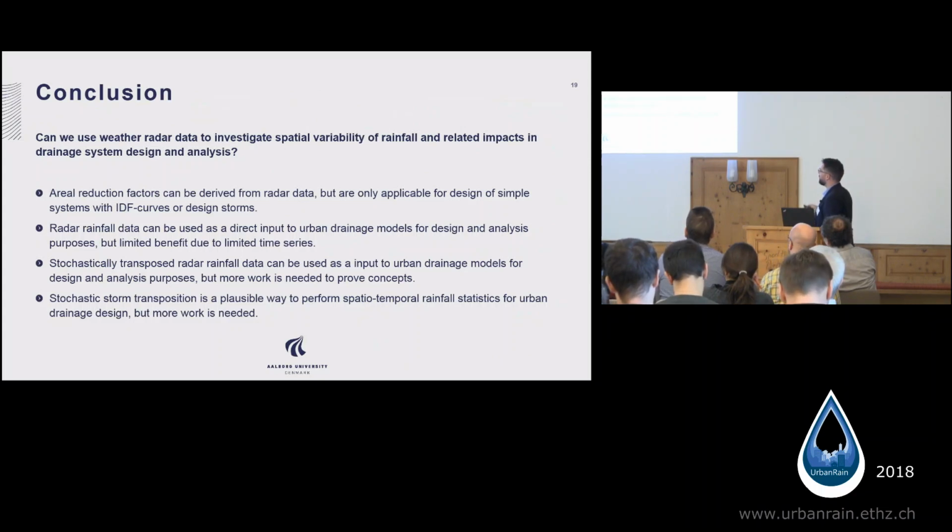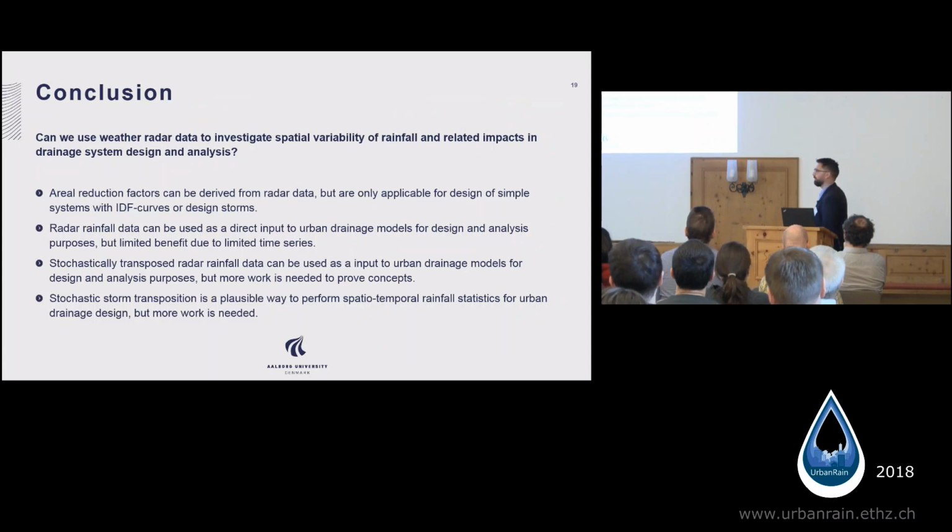So we're looking more into these stochastic approaches where we're trying to move the rain around randomly, both as an input to drainage models, but also for, let's say, rainfall statistics. But as I concluded here, more work is needed, and that gives me a reason to come back here in 3 years, I think, to present some more. Thank you.